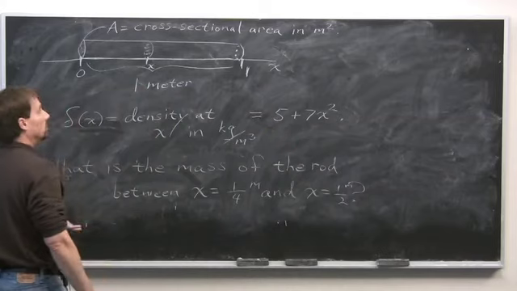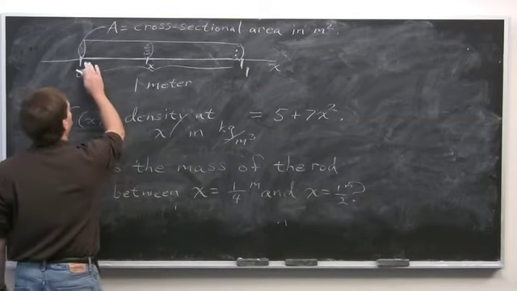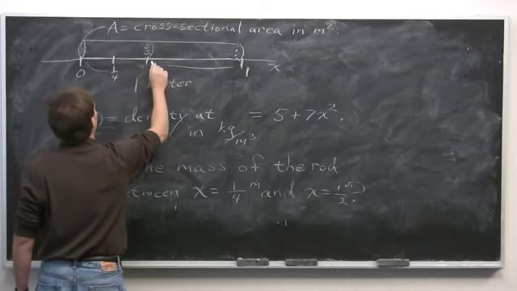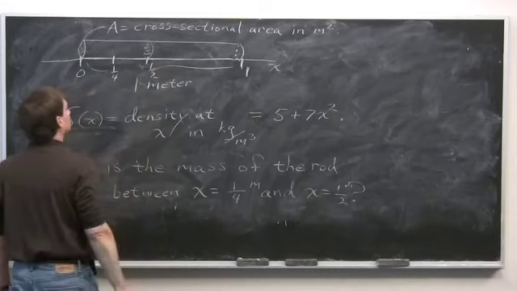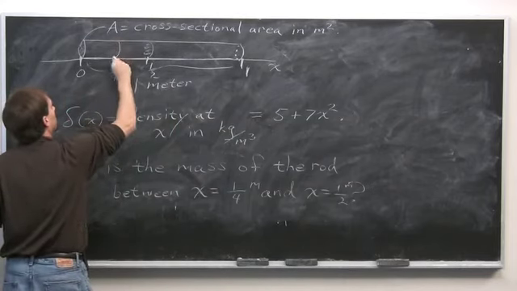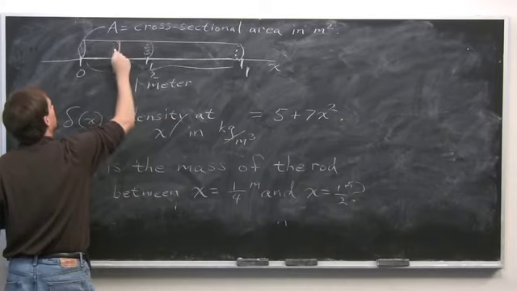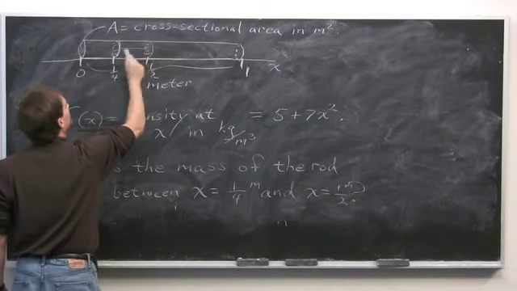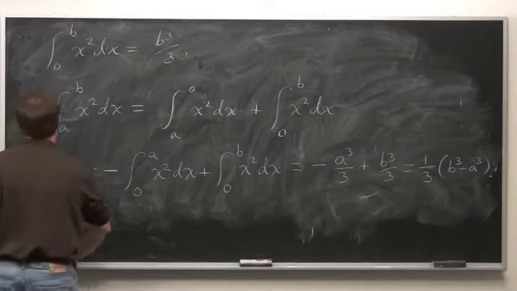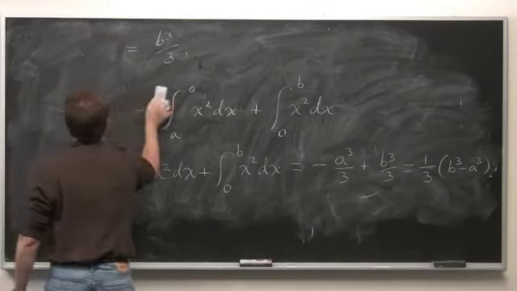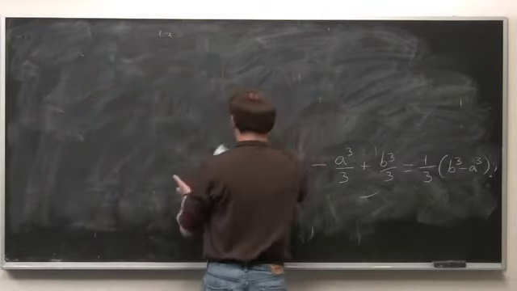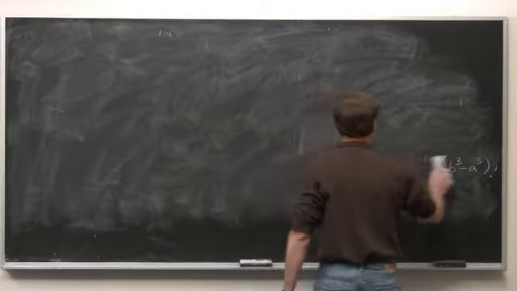All right, well, what do we do? If this is a quarter and this is a half, what we want to do is add up all the little blobs, add up all the little chunks of mass in this region. So it's what we did before. Yes, we should really talk about Riemann sums, but we do that when we have to prove something, like when we just calculate a limit of Riemann sums.